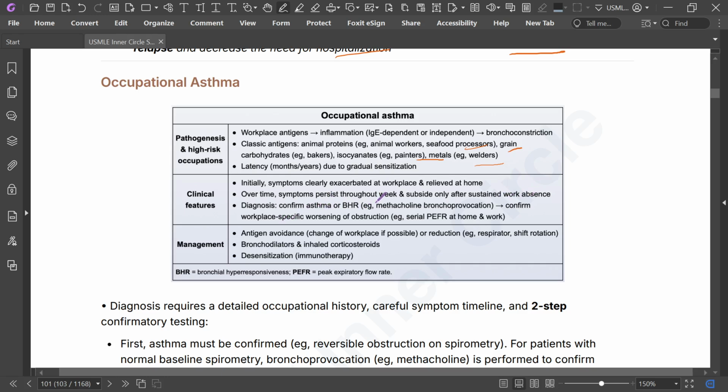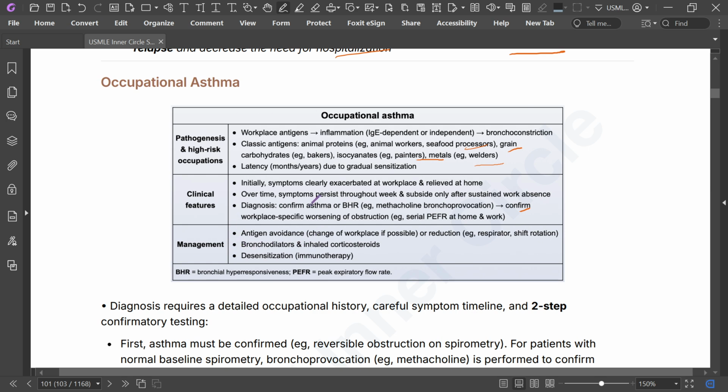Diagnosis: confirm asthma and bronchial hyperresponsiveness, with methacholine bronchoprovocation confirming the diagnosis. Look for workplace-specific worsening of obstruction, such as serial peak expiratory flow rates at home and at work. This way, you can differentiate whether it is occupational asthma or not.